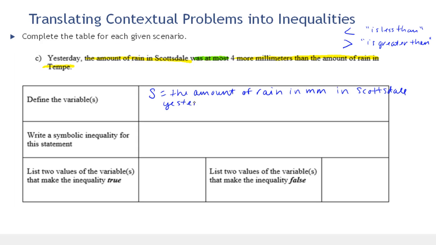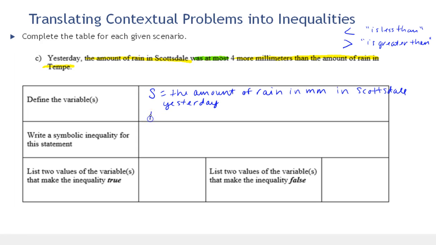Okay. And again, I know this is a lot to write. You don't just want to put rain. We're measuring something. We're measuring the amount of rain. We're measuring it in millimeters, not inches or feet. This is the Scottsdale variable, so we need to indicate that. And the problem also said yesterday, so we want to be clear about that as well.